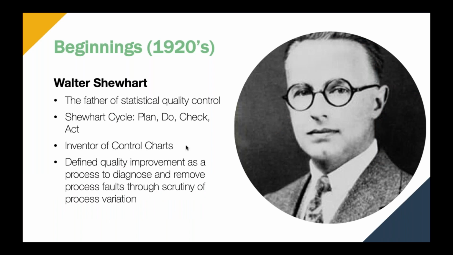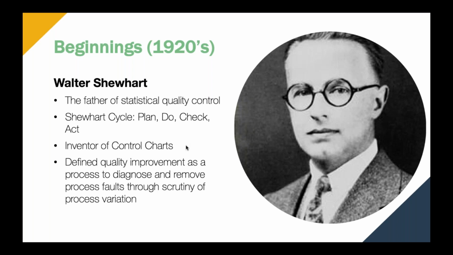And so we're going to start in the 1920s, with a man named Walter Shewhart. Walter Shewhart was the father of statistical quality control. And many of you might know about a process called Plan, Do, Check, Act. That's commonly known as the Shewhart cycle or the Deming cycle, after his protege Deming, that we will get to later.